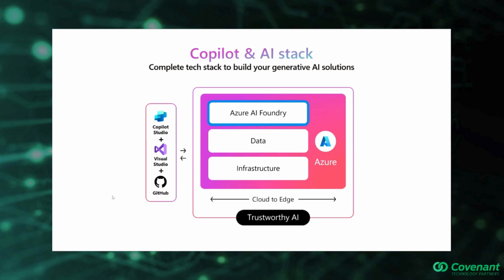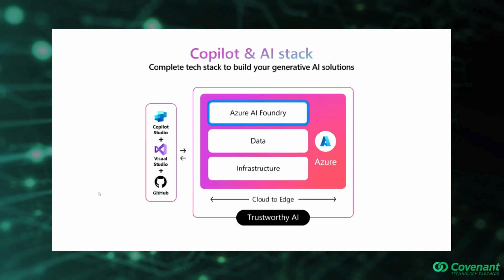So when we're looking at this, it's really meant to be Copilot and the AI stack building this as a unified solution. Copilot Studio gives you a very easy way of integrating this into your business apps and where your business users live. That may not be your only route.